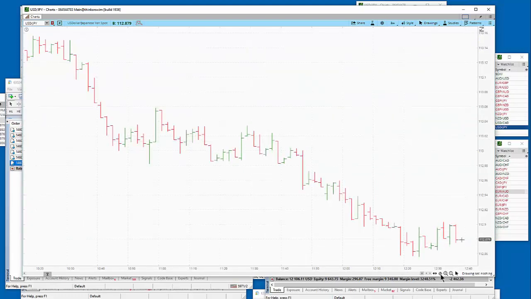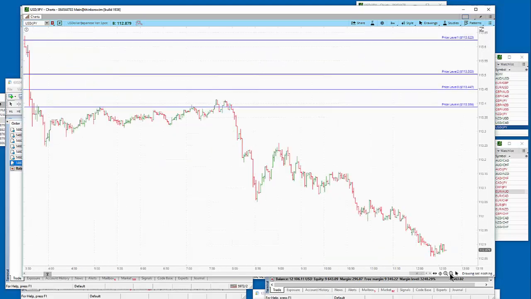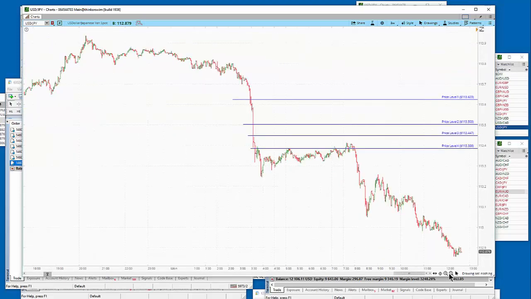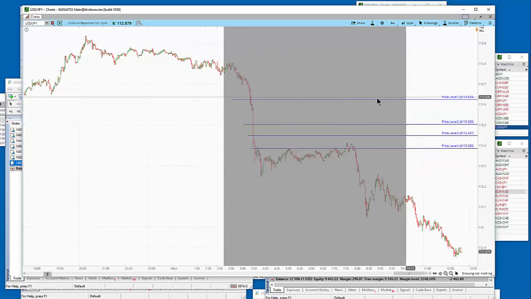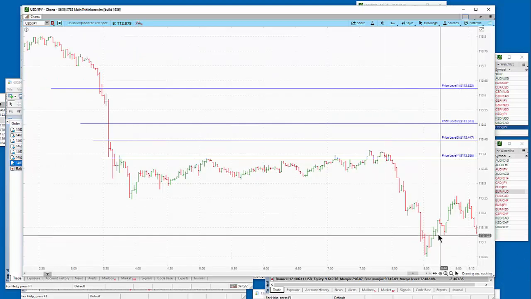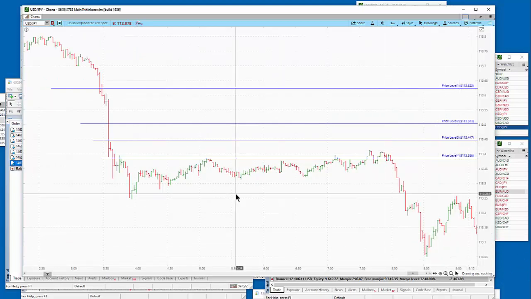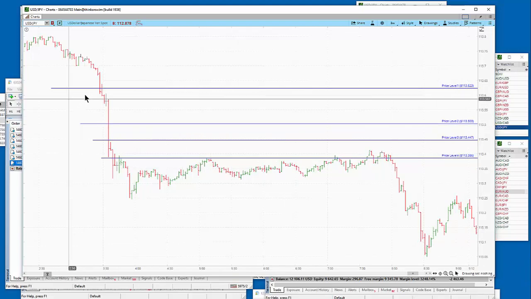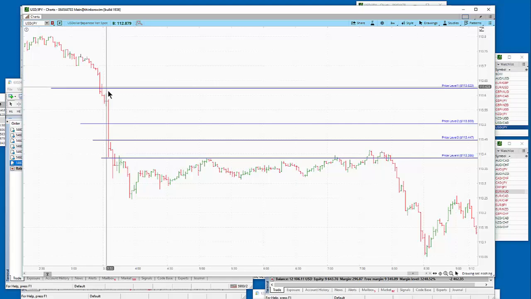Now, when we scrunch up the 2-minute chart, what we'll see is, oh, there's the lines, right? It doesn't really matter where the price is right now, because what we want to find out is, from the time the trades entered, could we have added a profit stop on them and kept them from going underwater, right?